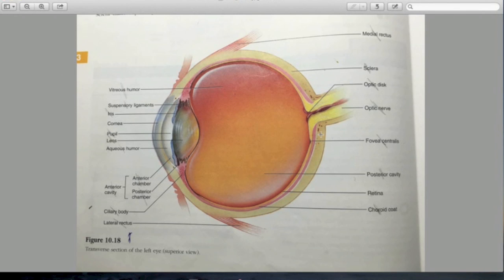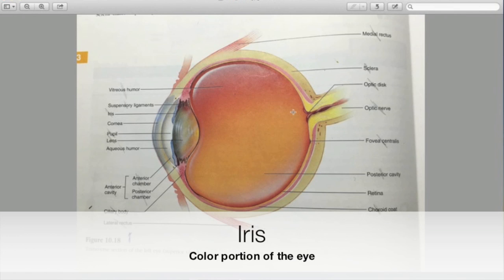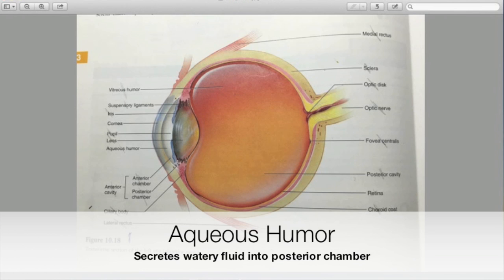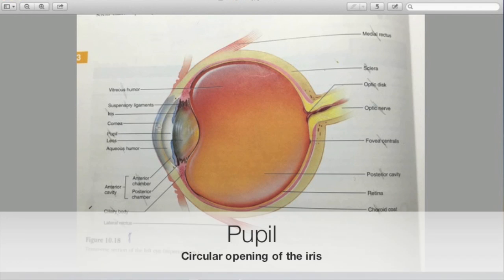And moving on, there's also the iris, which is the colored portion of the eye. It divides the cavity into the anterior chamber and posterior chamber. There's also the ciliary body, which secretes a watery fluid, the aqueous humor, into the posterior chamber. There's also the pupil, which is a circular opening of the iris.